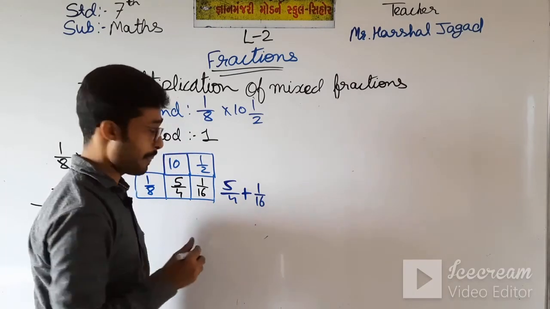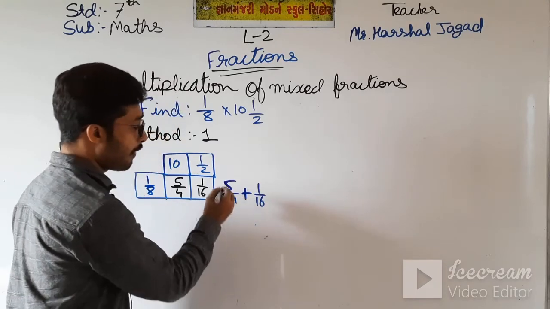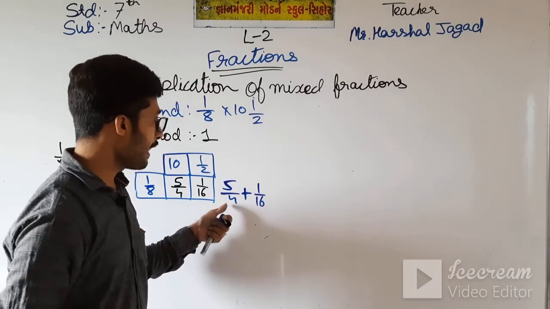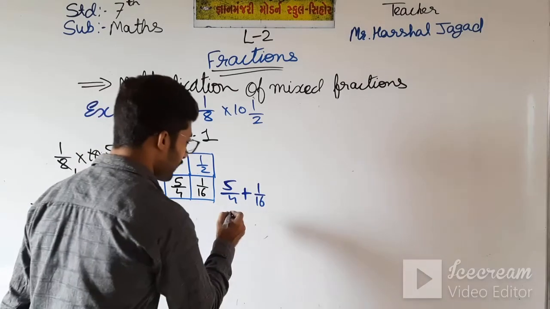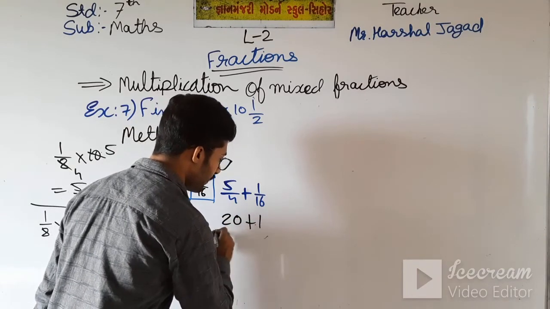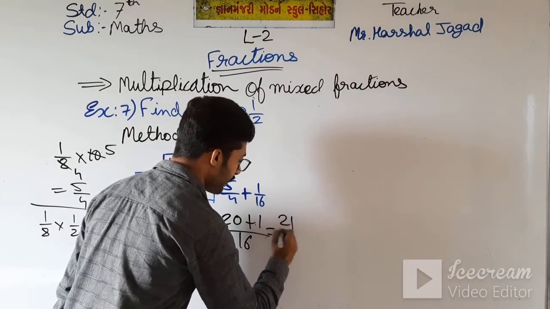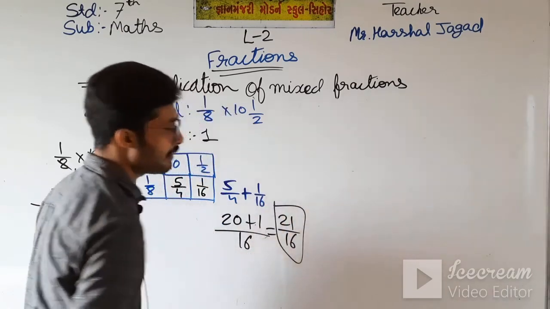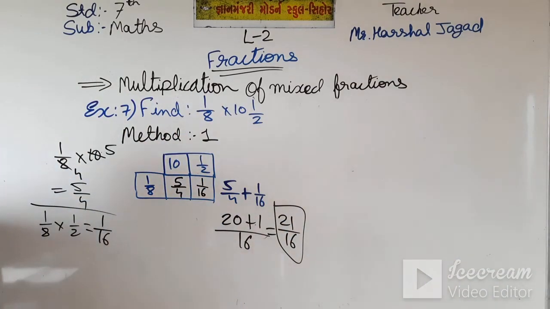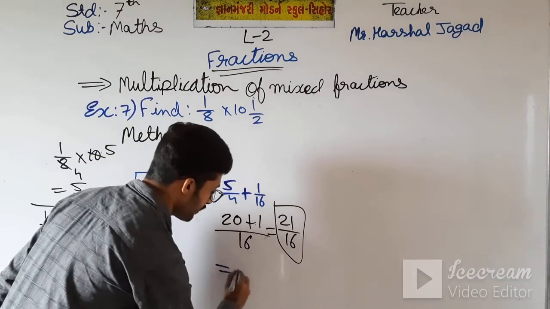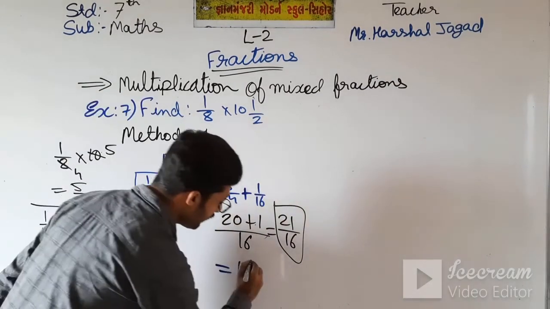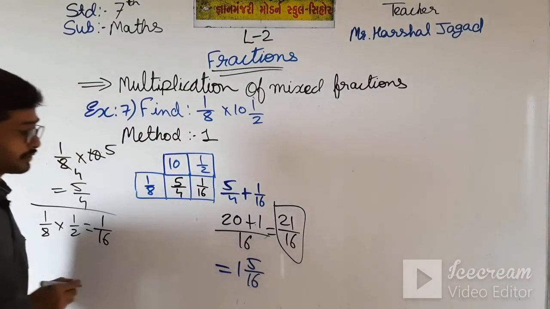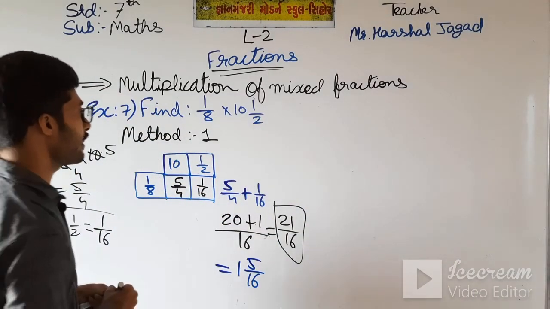If I multiply here 5 into 4, that is 20, and 4 into 4, that is 16. So we can easily get the LCM, I will write here 20 plus 1 by 16, that is 21 by 16. This is the answer, and it can also be written in the form of mixed fraction, that is 1 5 by 16. Okay students, this is the method number 1.